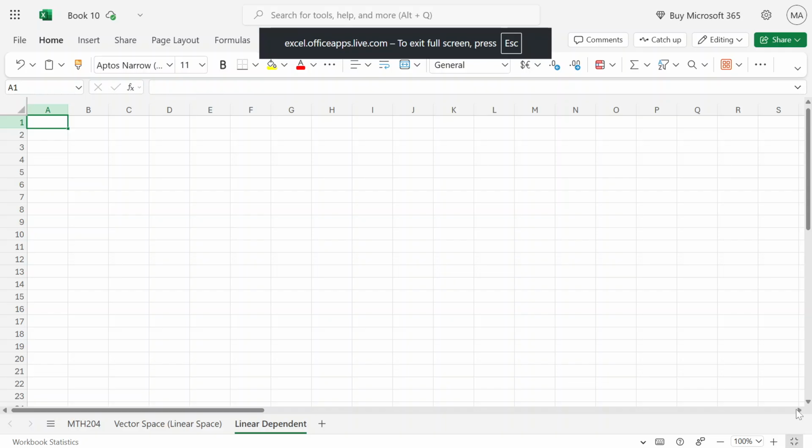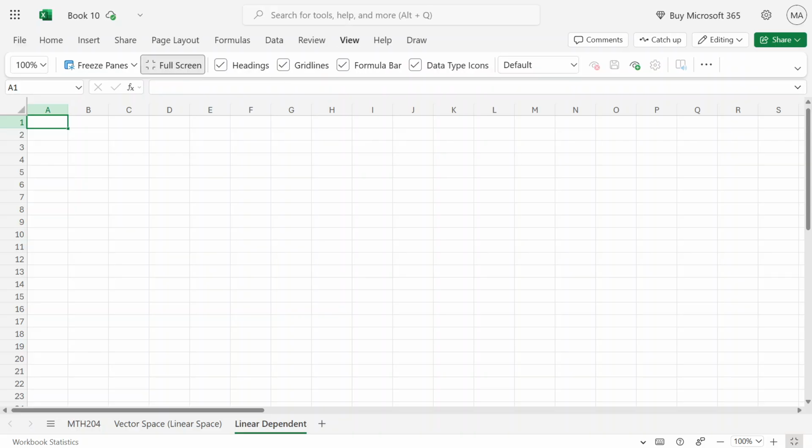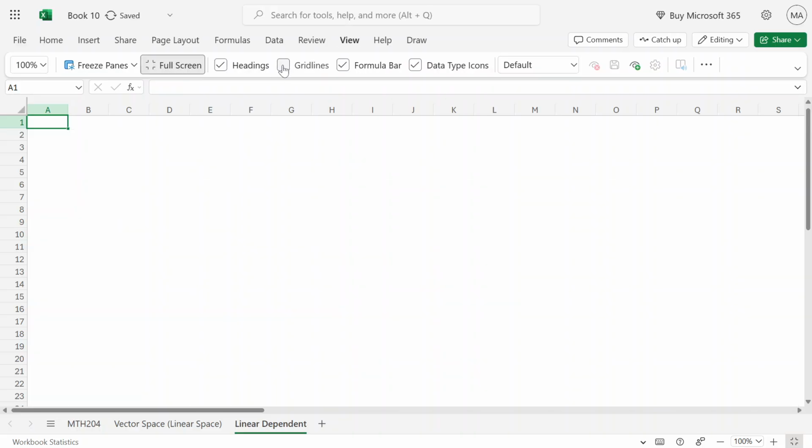Now, the next thing to talk about will be linear dependency. In a system of vectors, or list of vectors, we're trying to check if the vectors are linearly dependent or not.